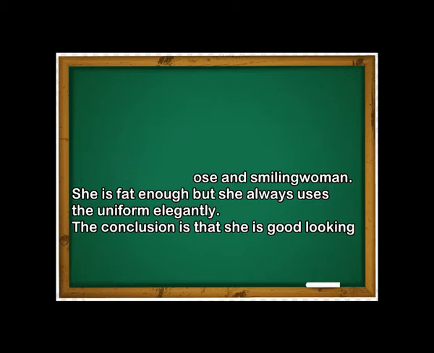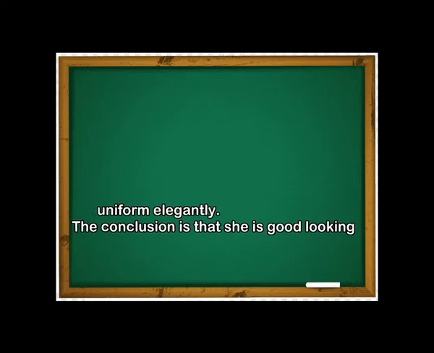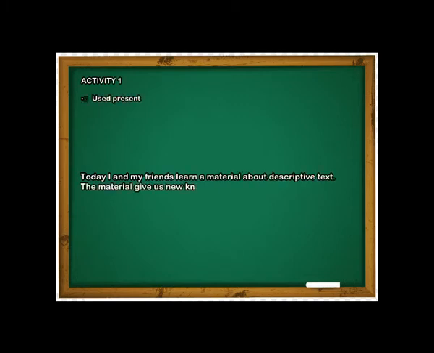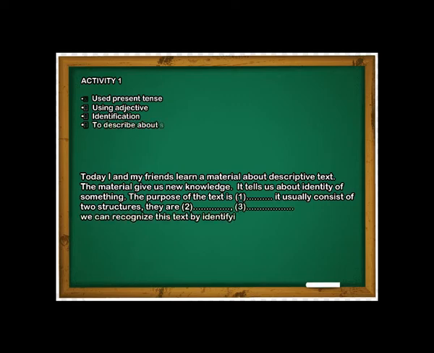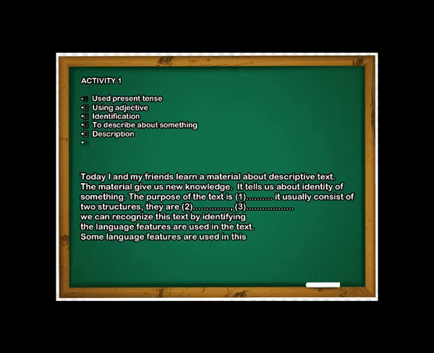Okay, now have you understood to state the structure of the text? Okay, great. Now we will also practice to complete incomplete descriptive text based on the information that you have reached. Okay, for the first activity, in your any some choice and some information, please read before you complete the incomplete descriptive text.